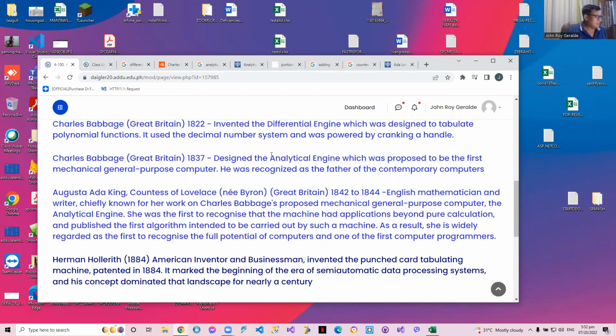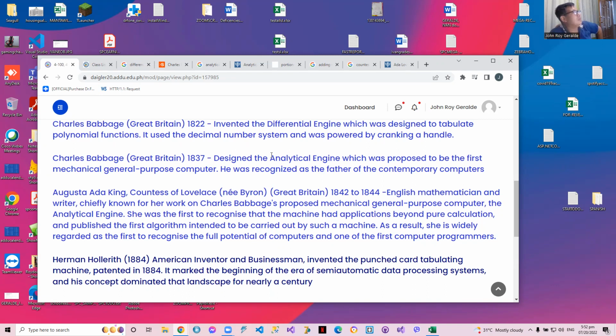At the same time, during the late 19th century, a certain invention in the USA was developed by Hermann Hollerith. Who is Hermann Hollerith? Anyone? Hermann Hollerith is the first president of IBM.